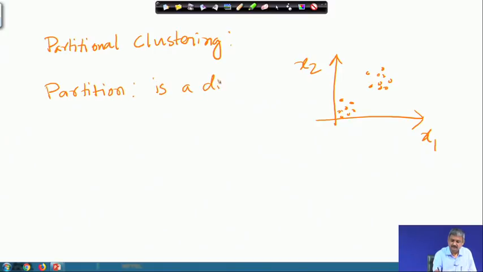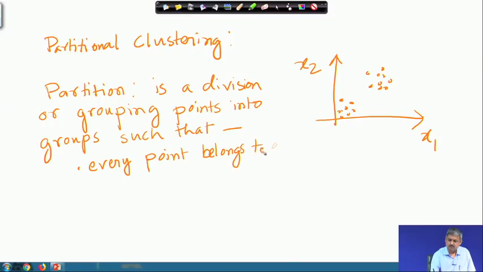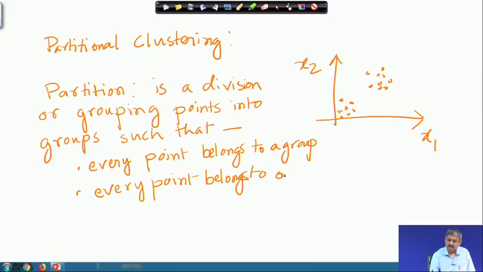A partition is a division or grouping of points into groups such that two things hold: every point belongs to a group, and every point belongs to only one group.